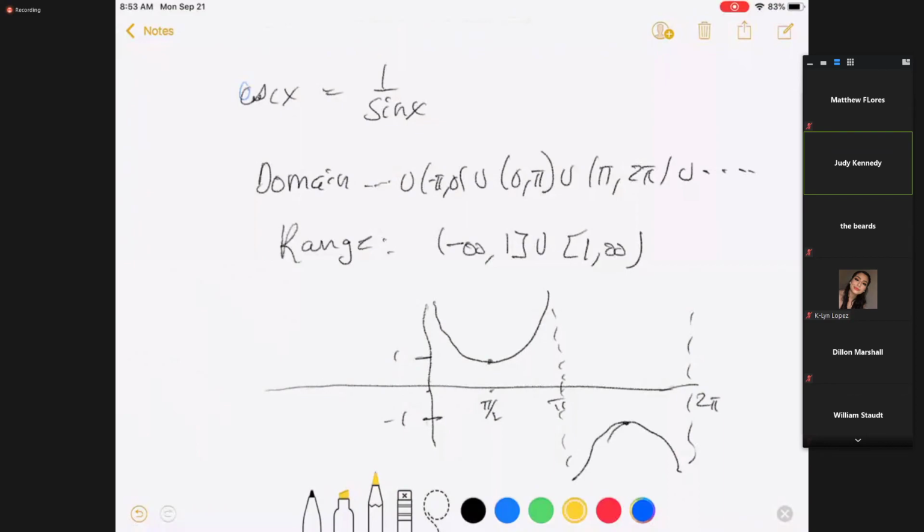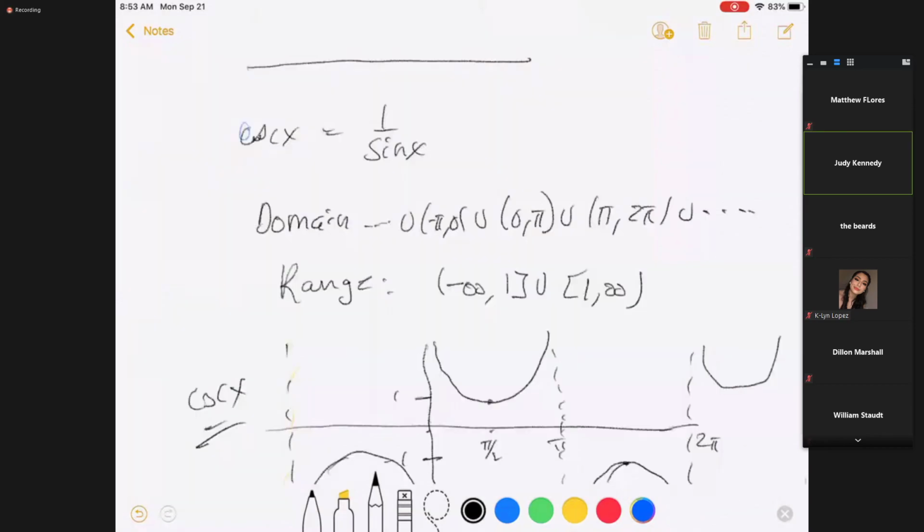And then, of course, it just keeps going, repeating that. One of those over there, and one of those over there, and so forth. That's the cosecant graph. Okay, so yeah, that gives you domains, ranges, and some rough pictures of what those graphs look like.